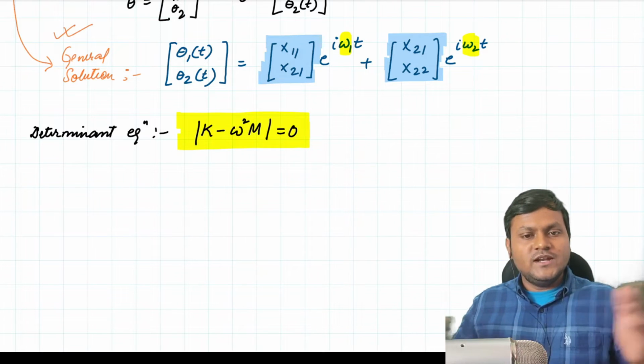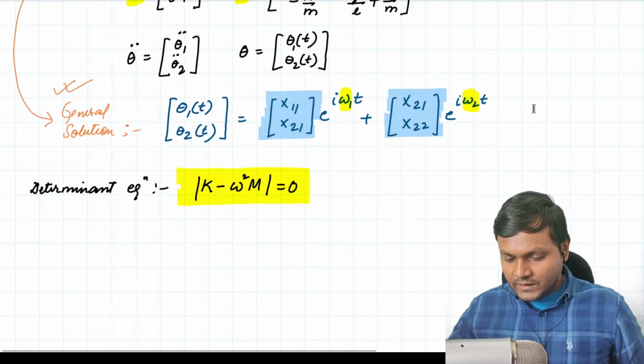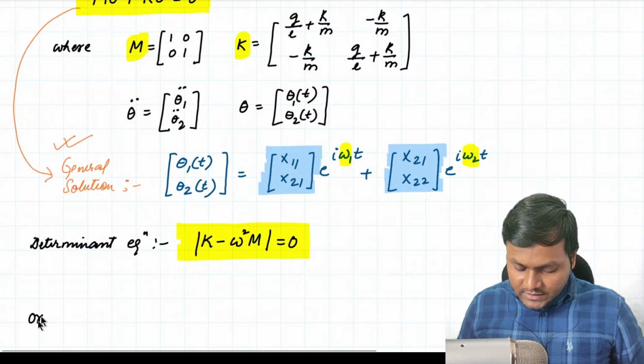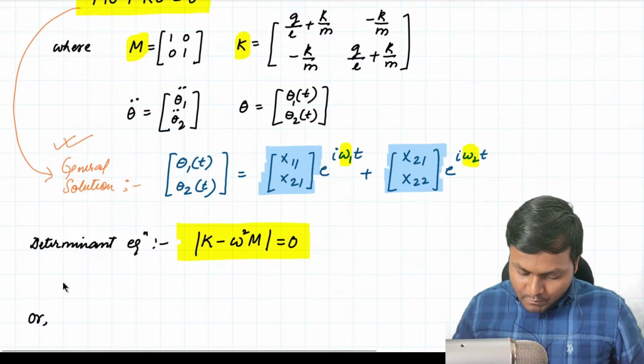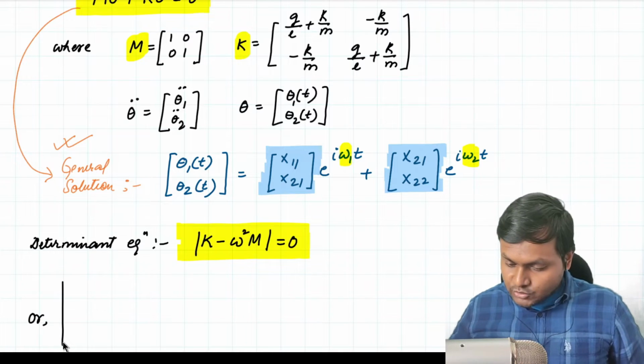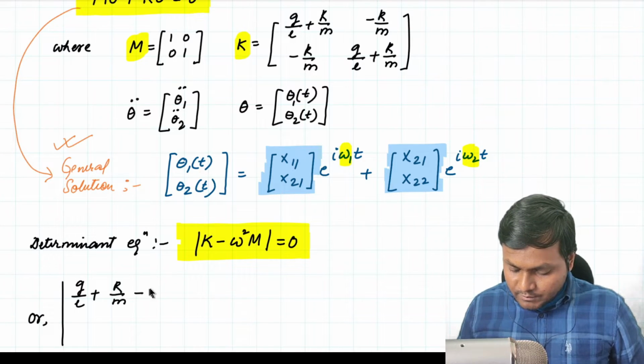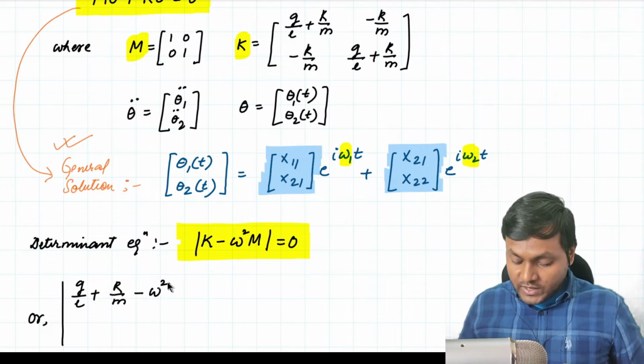All right, so let us do that. Let us first solve this determinant equation. This determinant equation is nothing but k minus omega square m. So k is what? g upon L plus k upon m minus omega square times 1, right? So just omega square.